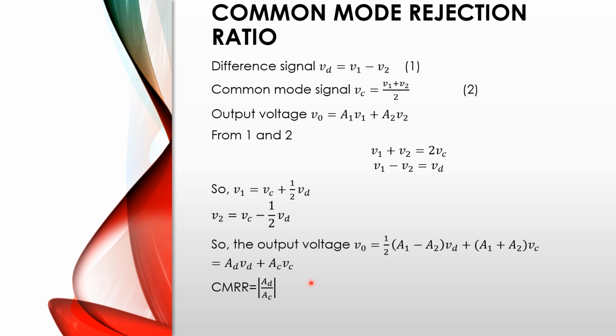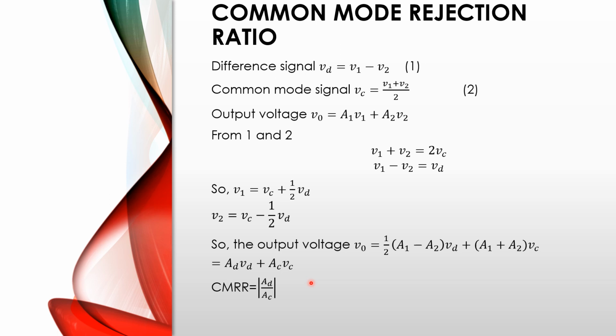I repeat, since Ad, the difference signal gain, needs to be large and the common mode signal gain Ac is very small, the amplifier must be so designed that the common mode rejection ratio is much larger than unity. Okay, so this is the condition of common mode rejection ratio of the operational amplifier.